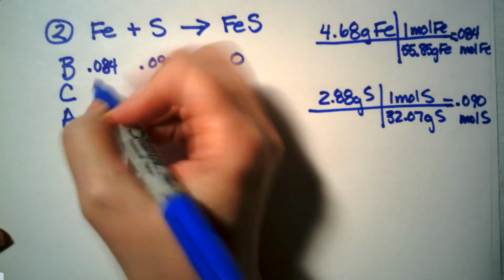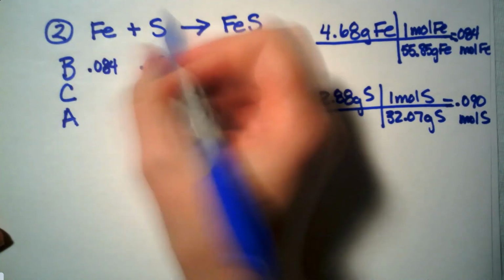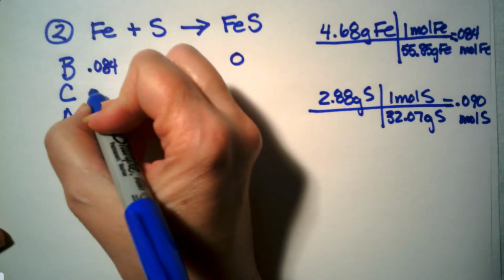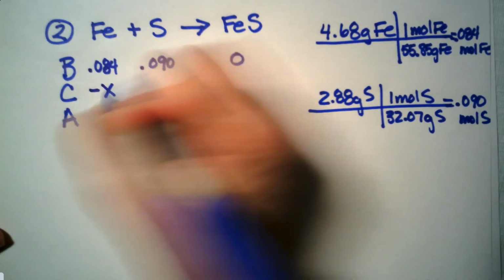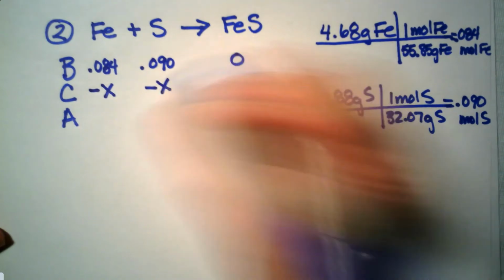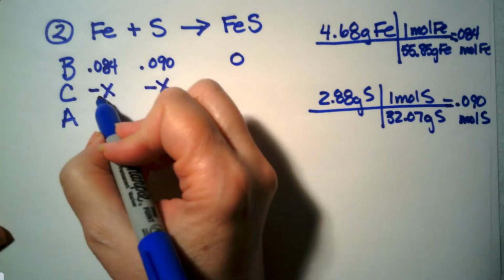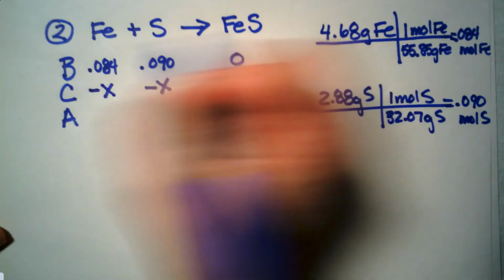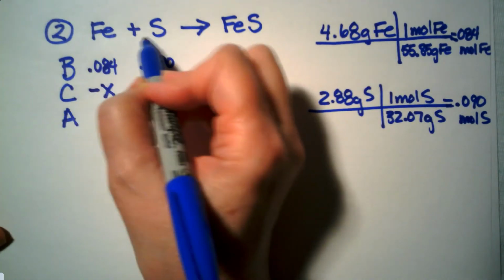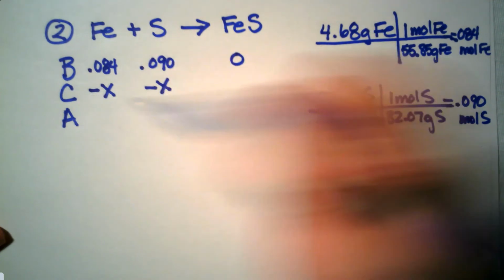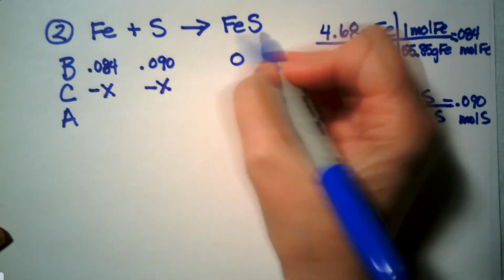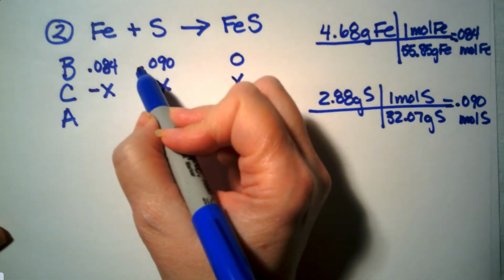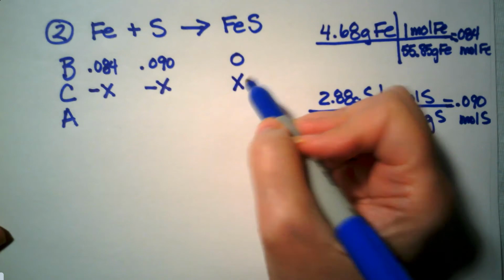So the change, remember that's where we use X. Reactants are always decreasing because they're being used up. So we use a negative X for both of these. Do you remember why there's no number there? I'll fill you in. We have a complete balanced equation, so there are no coefficients. So it is just plain old negative X. This is going to be a positive X because as these get used up, this goes up, so it's positive.